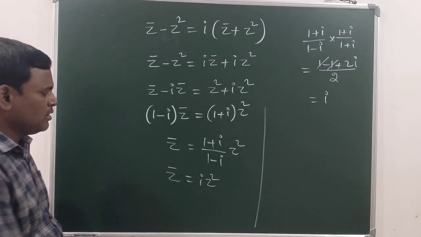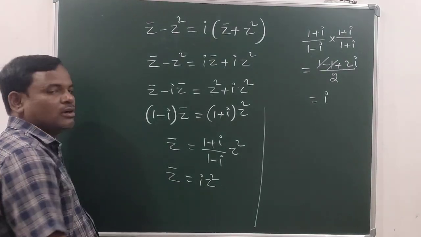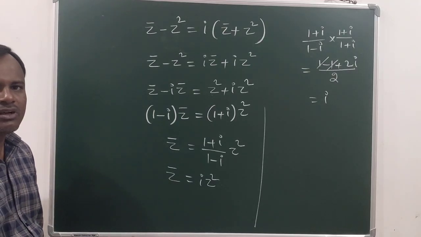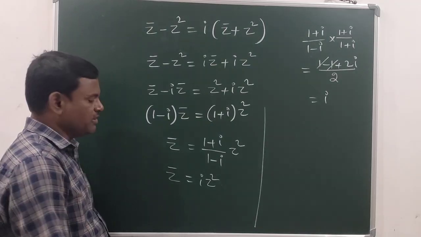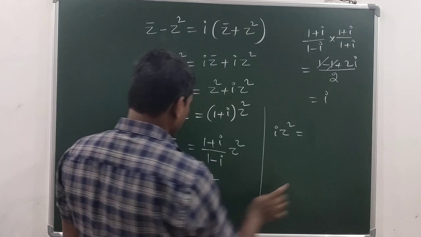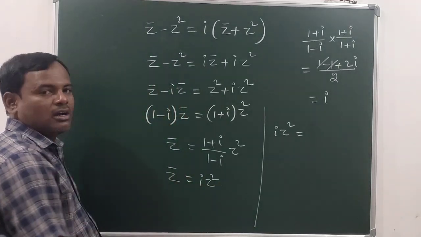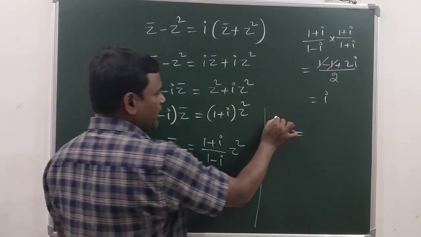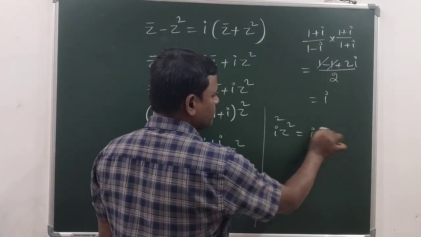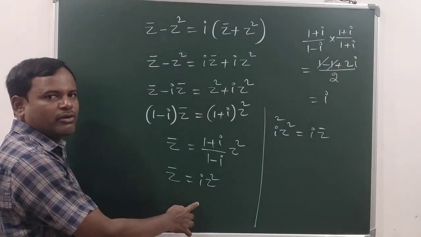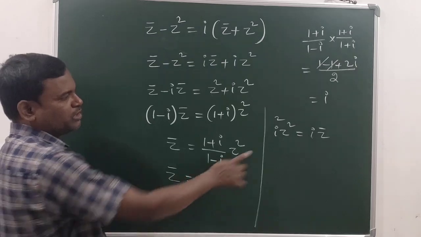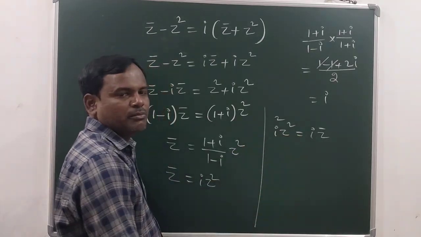Okay students. Now multiply both sides with i. So if you multiply both sides with i, you get i Z square on the left, and here i square Z square, and here i into Z bar. I multiplied both sides with i. i square becomes minus 1.